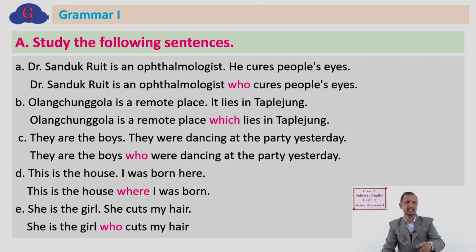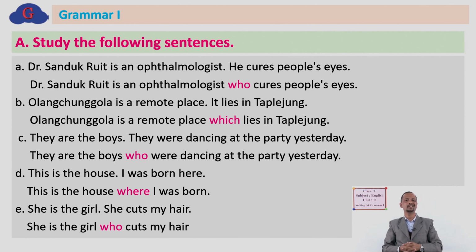Similarly, go through the second one. Olanchungola is a remote place. It lies in Taplejung. Olanchungola is a remote place which lies in Taplejung. What joins with which? Now, C number: They are the boys.